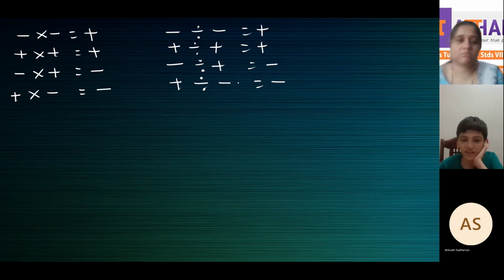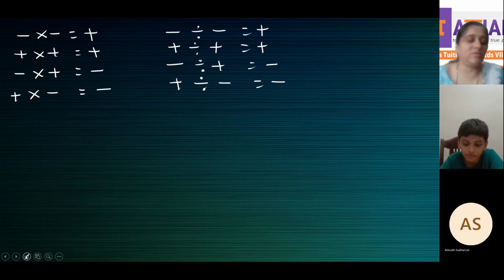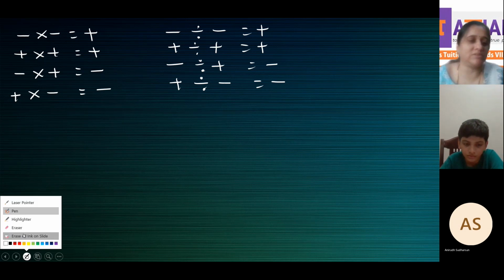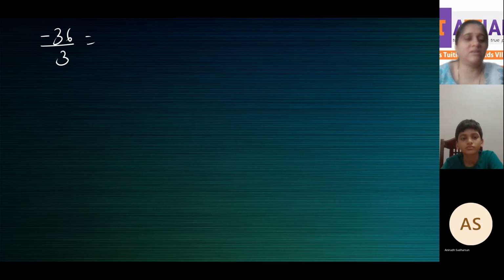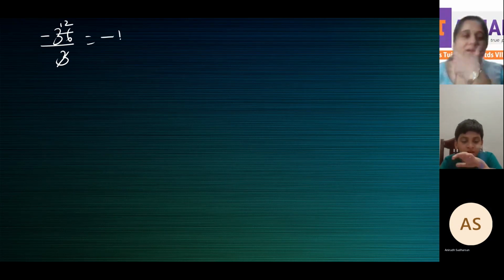Now, Anirudh, I'll ask you some questions that will make it clear. What is minus 36 divided by 3? 3 ones are 3, 12 times, correct? Minus 12, ma'am. That's what I'm saying.